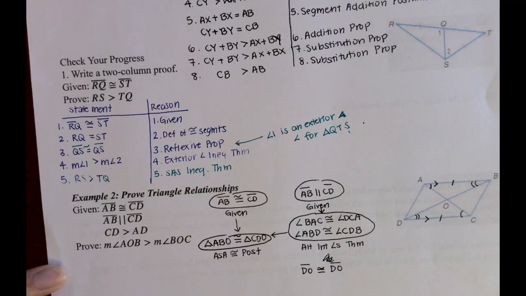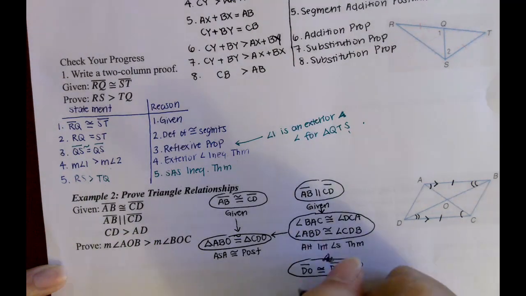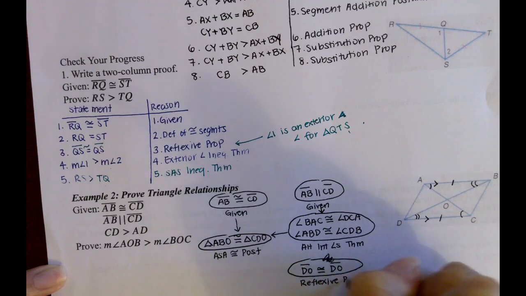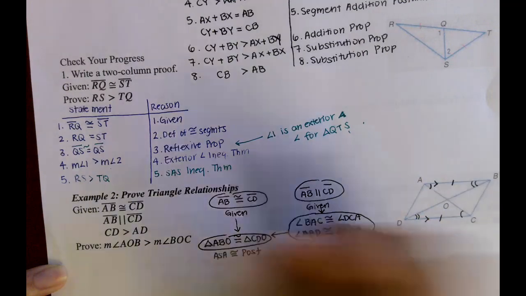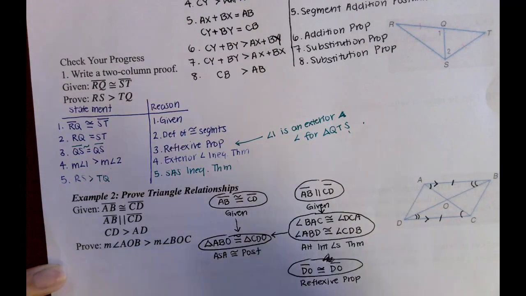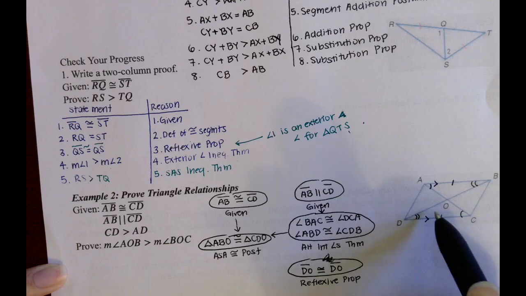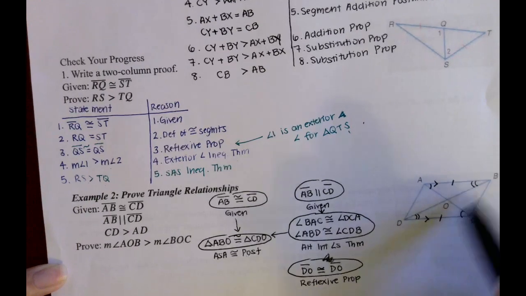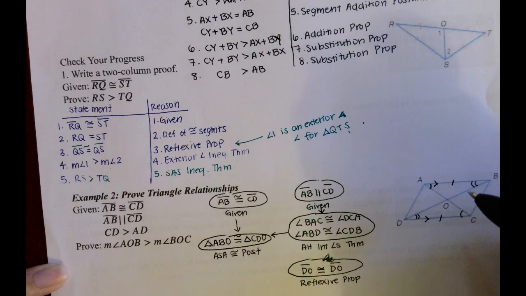This is the reflexive property. We also know that CD is, so then we have DO is greater than DO. So now we're proving that these here are congruent, because we want to do this angle and this angle.